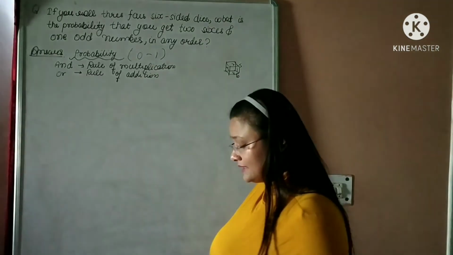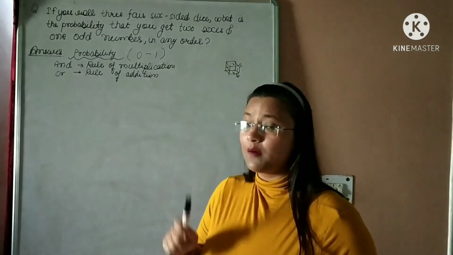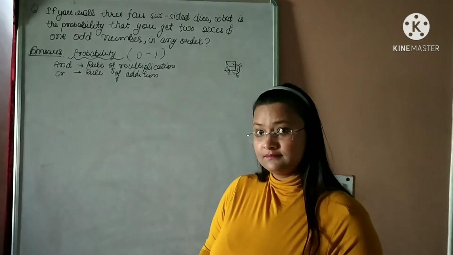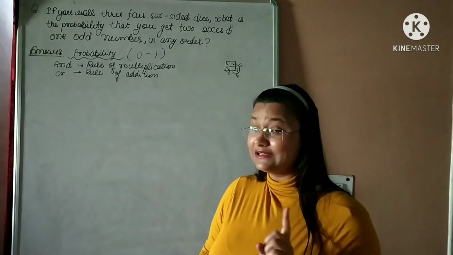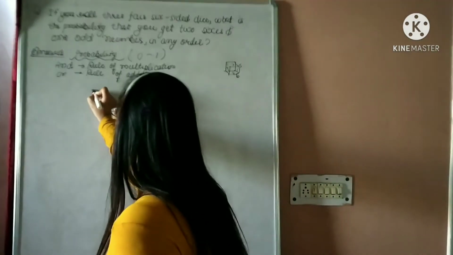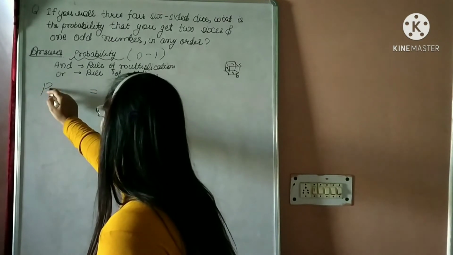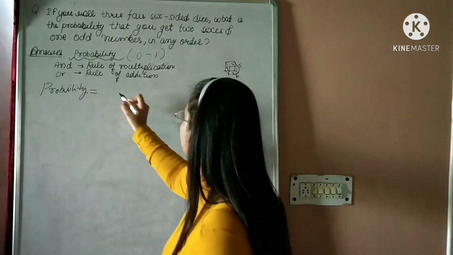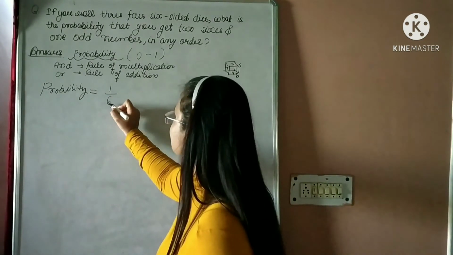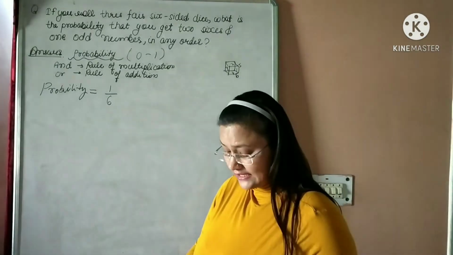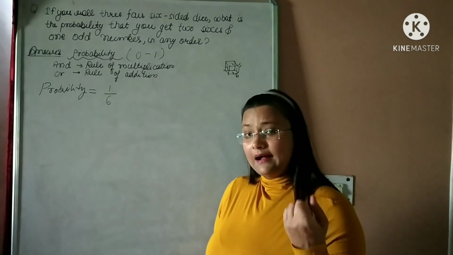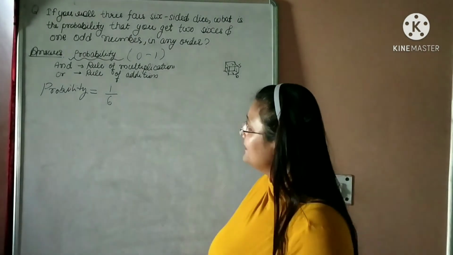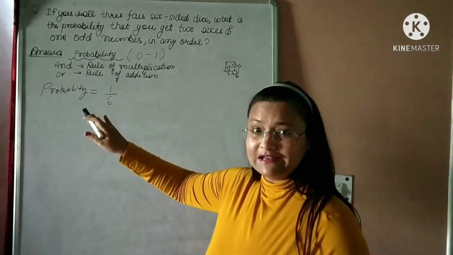When we roll the dice, the probability of getting 6 is 1 by 6, because 6 is there on only one side and there are 6 sides. So in one die, the probability of getting 6 is 1 by 6.